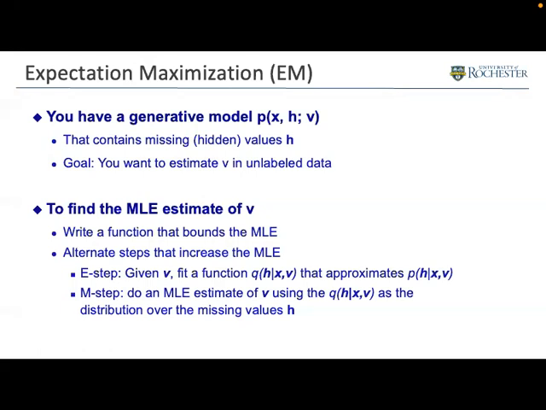The E step is, given the V, we fit the function Q of the hidden variable conditioned on the X and the V that approximates this distribution. And in the M step, we want to do the maximum likelihood estimate of the V for the Q. It's like the reconstruction as a distribution over the missing variable, the hidden variable H.